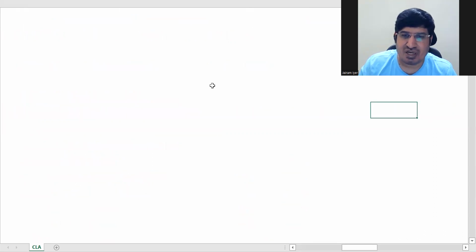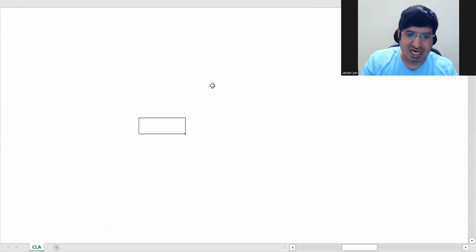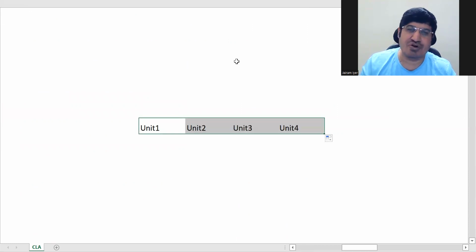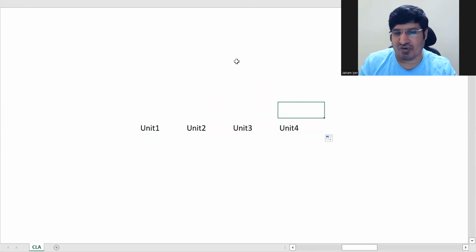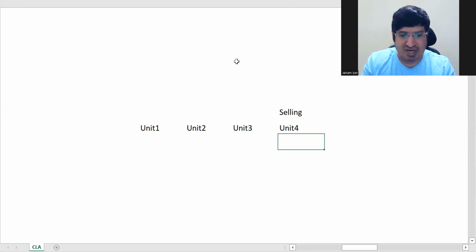मतलब अगर जैसे मेरे पास 4 यूनिट है, यूनिट 1, ओके, I've got 4 units, unit 1, unit 2, unit 3, unit 4, okay, and I'm selling unit 4, okay, so I'm selling it for a lump sum value, say whatever it is, of 2 crores, okay.